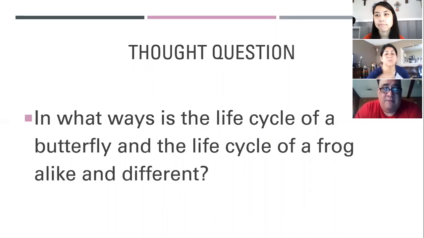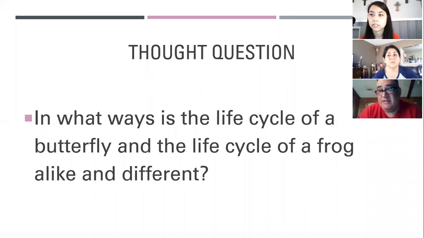And then the butterfly goes from a caterpillar, cocoons itself, makes its metamorphic change from a caterpillar to a butterfly, and then is an adult from there. So we can try to separate the likes and differences, but when you're looking at both life cycles, you can see the similarities and the differences at the same time.